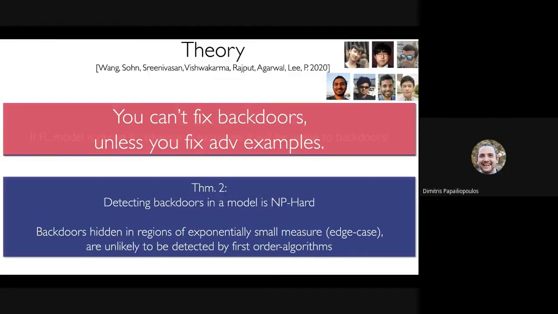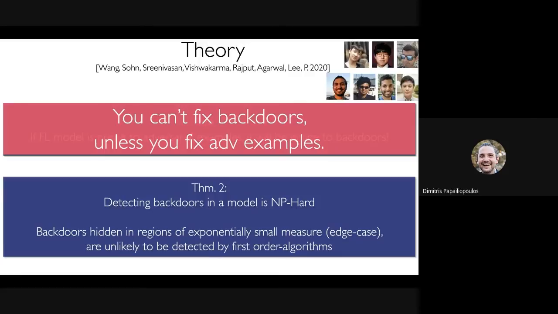So what this theorem says is that it's unlikely to resolve one without resolving the other. The second theorem says that even detecting the presence of a backdoor in the general, worst-case setting is hard: 3SAT is reducible to it, so it's an NP-hard problem. And of all backdoors, those that affect a small measure of the input space are also hard to detect using first-order methods.